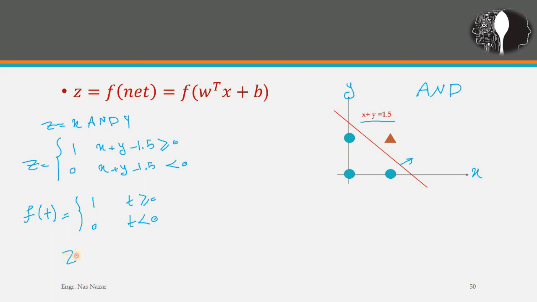So we can already write z equal to f of t, and here our t is the net function. So we can also write it as f of x plus y minus 1.5. Meaning, in a mathematical view, we can simply show a neuron with this function.